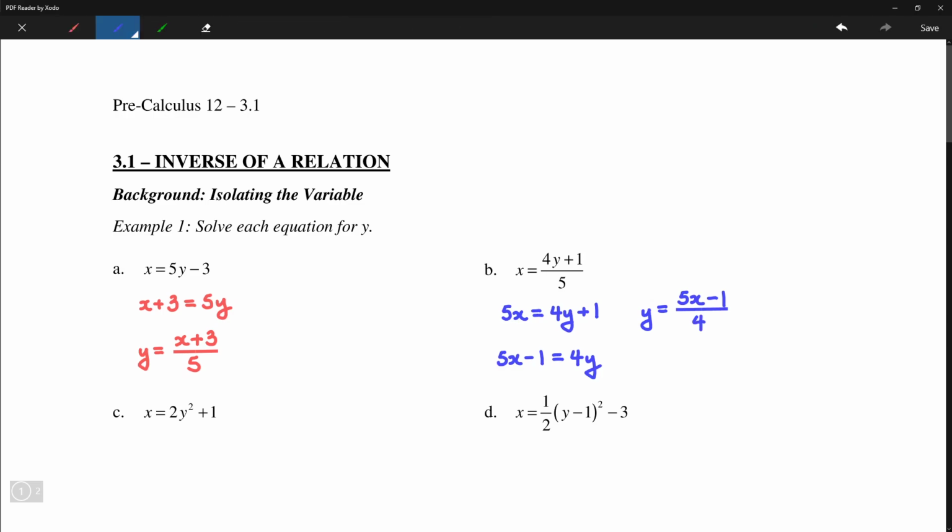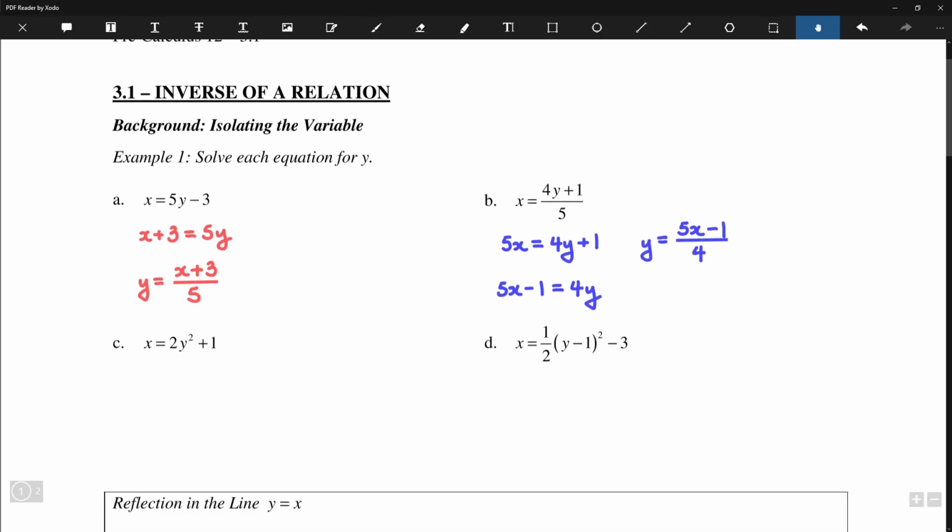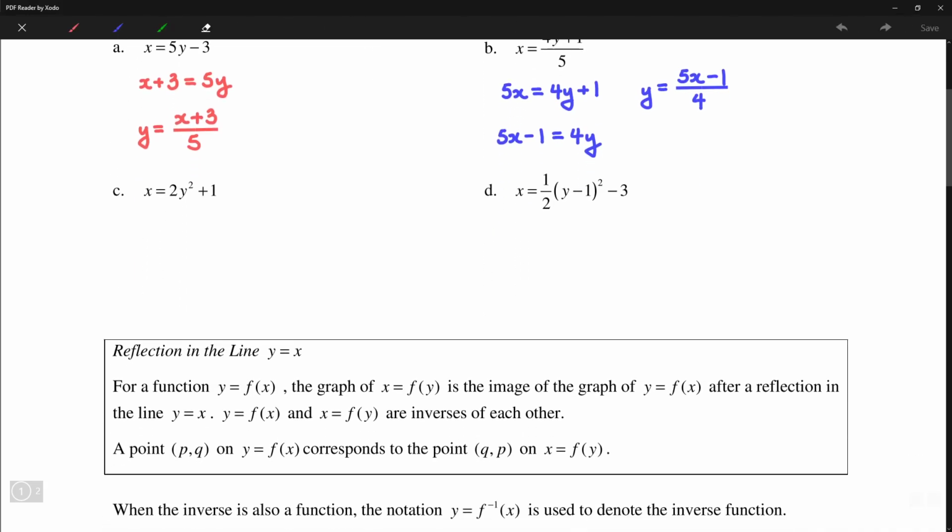So of course we can extend this idea to quadratic relations, like we have in example C and D. So here we'll subtract 1 from both sides. x minus 1 is equal to 2y squared. Then we'll divide both sides by 2.